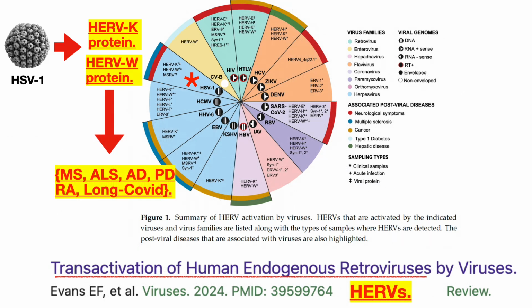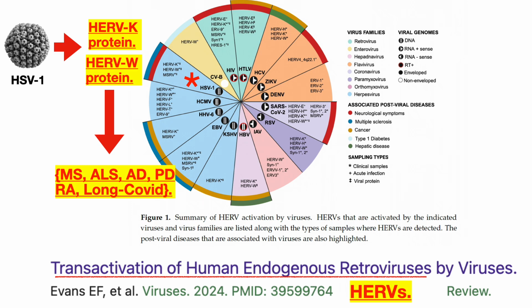Let us return to the review published in 2024, Transactivation of Human Endogenous Retroviruses by Viruses. Now in this wheel diagram, in the center of it, you can see certain herpes viruses such as HSV1 and Epstein-Barr virus. On the right, you see SARS-CoV-2.